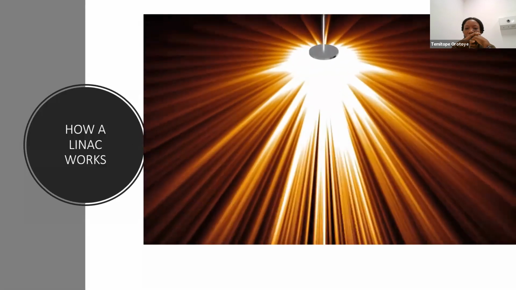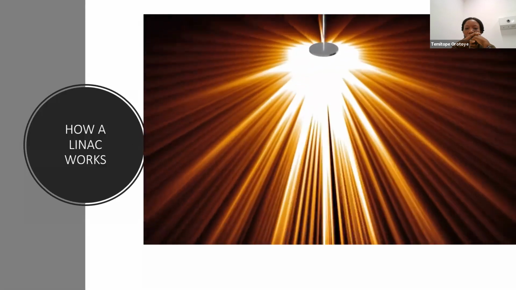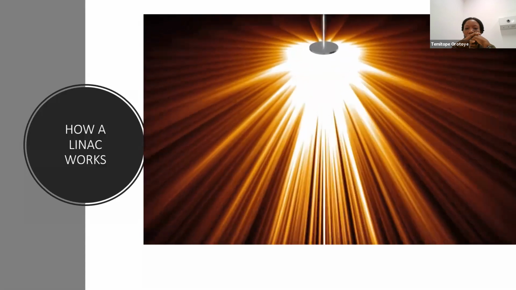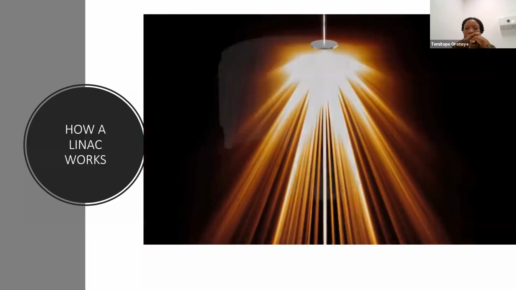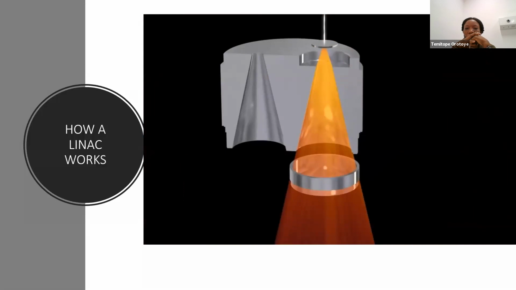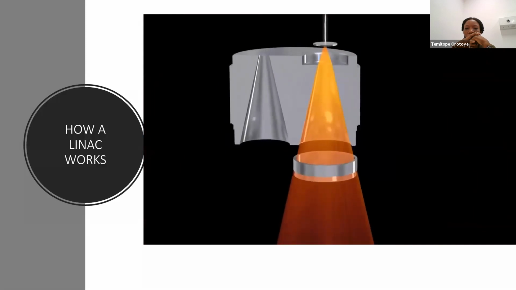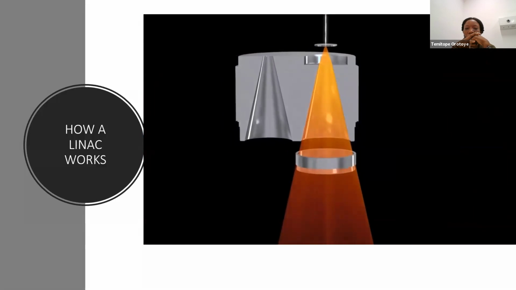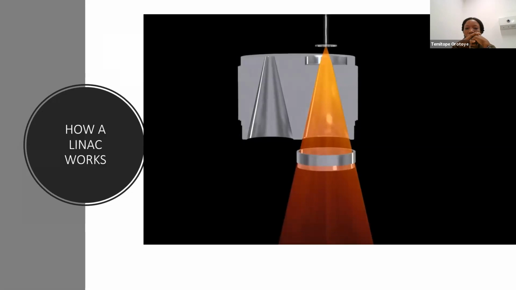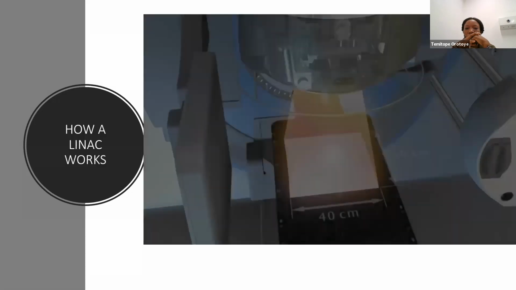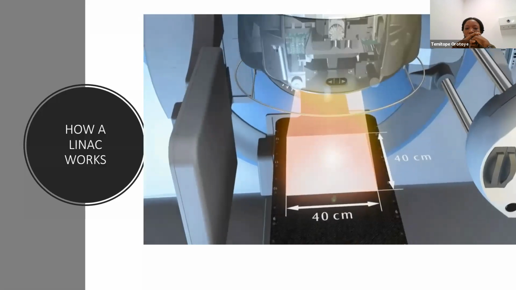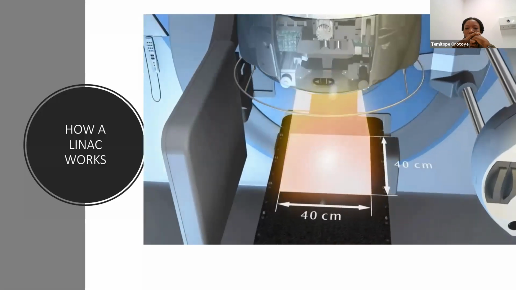The high-energy photons emerge from the target in a variety of directions. The primary collimator only allows forward-traveling X-rays to pass through, creating a cone-shaped beam. The primary collimator minimizes leakage and therefore excess total body dose by absorbing scattered X-rays traveling in the lateral direction. It also defines the maximum size of the resulting clinical radiation beam.